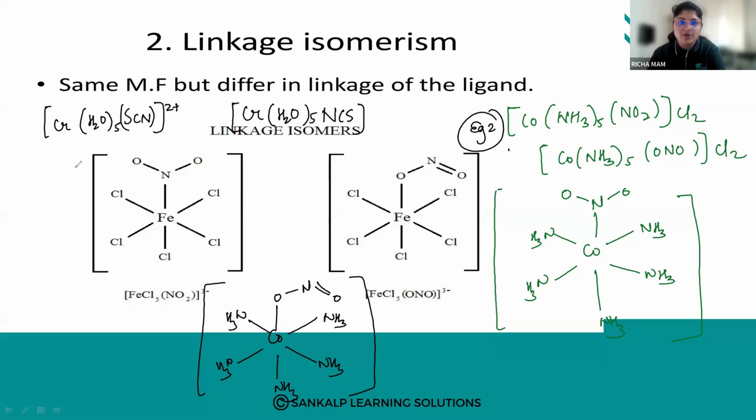So it can link from S also, and it can link through nitrogen also. So this is about amphidentate ligands and linkage isomers. This is the third example. Did you note down the question? Here it is bonding to sulfur and here it is bonding to nitrogen. Is it clear up to here?